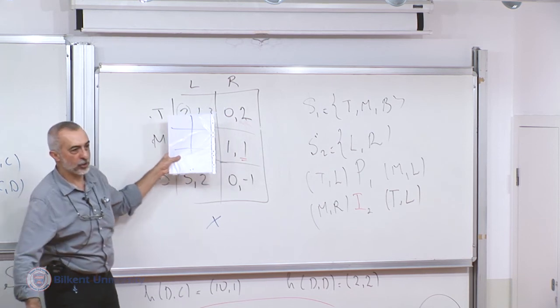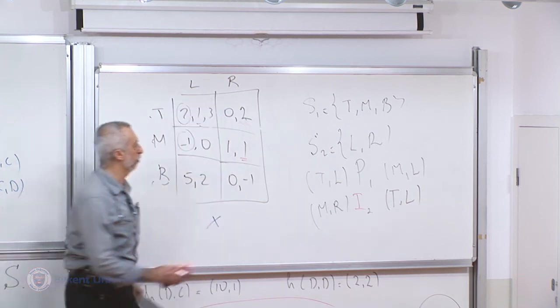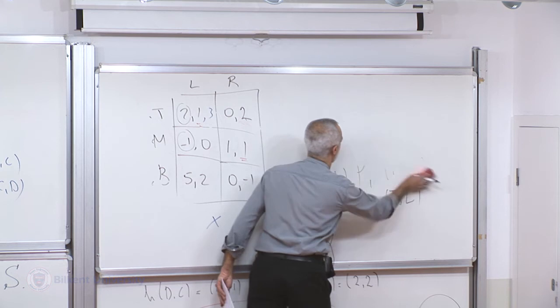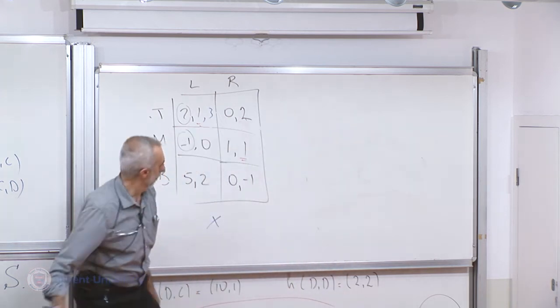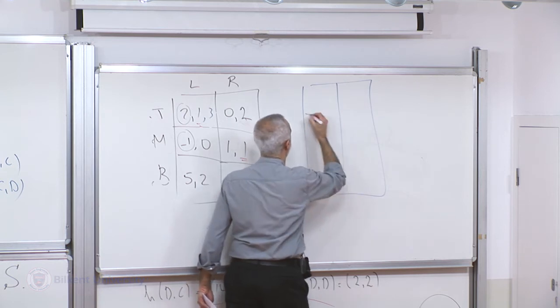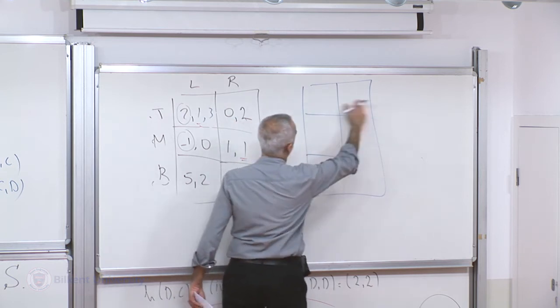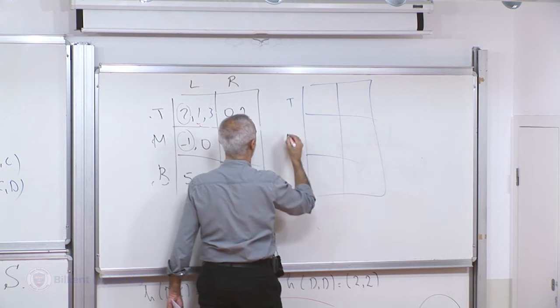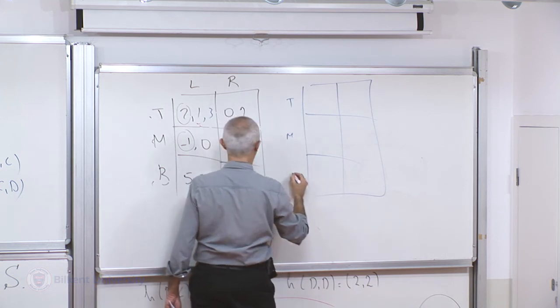So what we will do is, rather than taking it out of the board, that's the T dimension, M. Let me put the labels in any case.